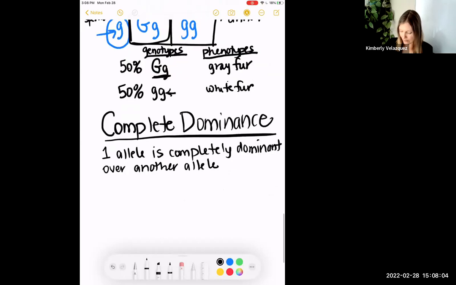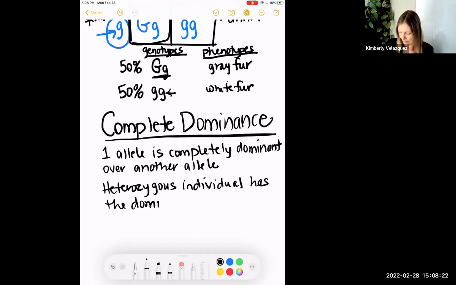And what that means is in a heterozygous individual, that heterozygous individual has the dominant phenotype. In other words, whatever that dominant trait is, that's what the heterozygous individual looks like.